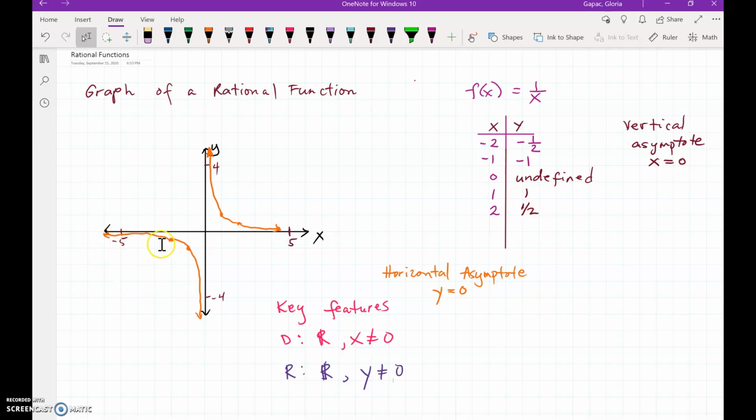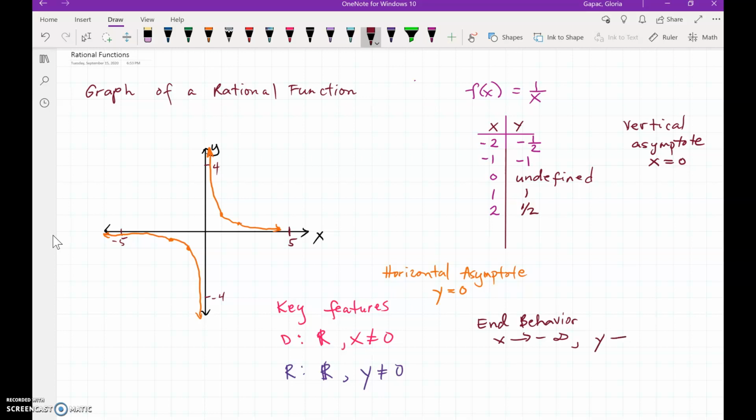But we can also say here, for the end behavior, so I'm going to include the end behavior: as x approaches negative infinity, what is happening to the y?